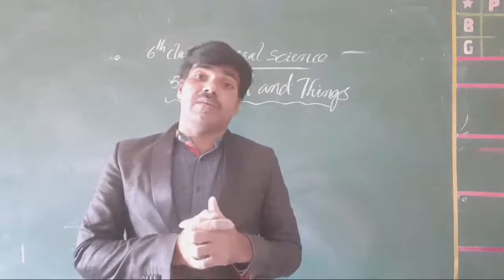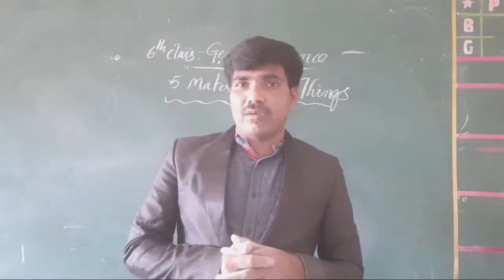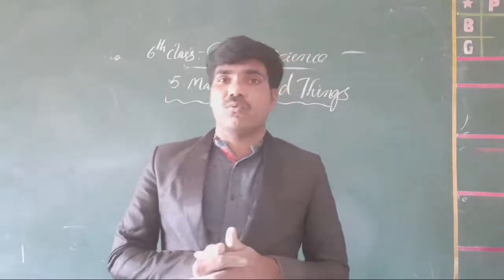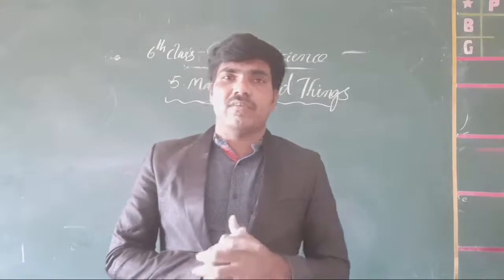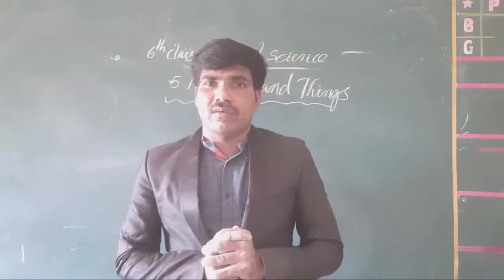Yes, it may be broken. Clear or not, all the students? Why is it broken? Why is it not broken? Those properties are what we have to study in this lesson.